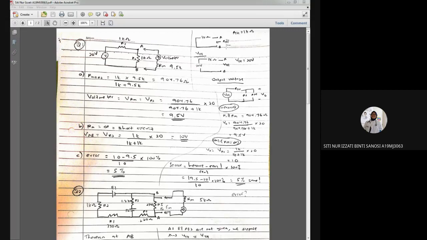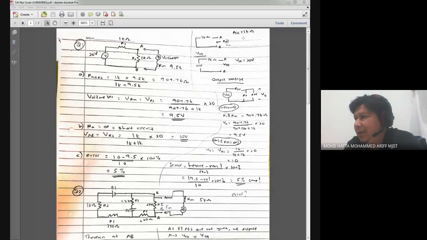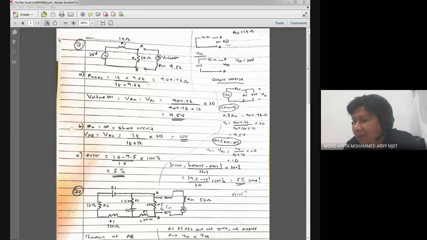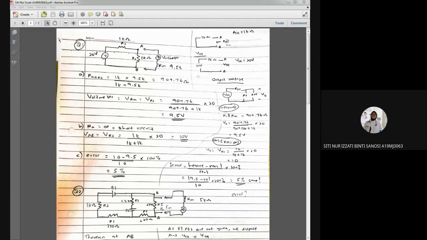I didn't find the RTH, I just used normal calculation. Okay, but here it says that RTH is 1 kilo ohm. Doctor, the one on the right is just confirmation, the left is the answer. The one on the right, I wanted to see whether its error is the same or not.